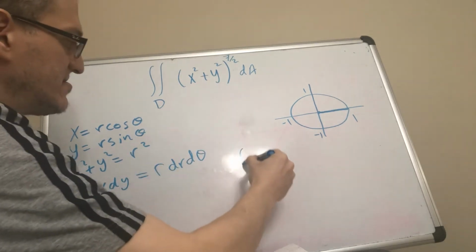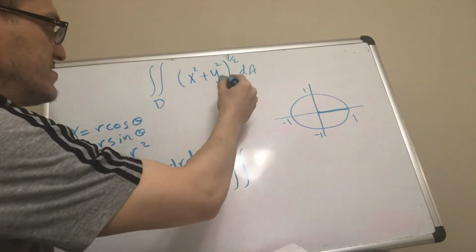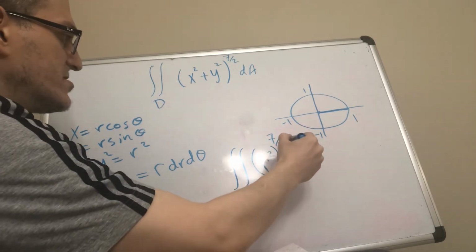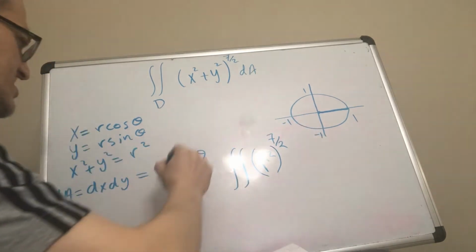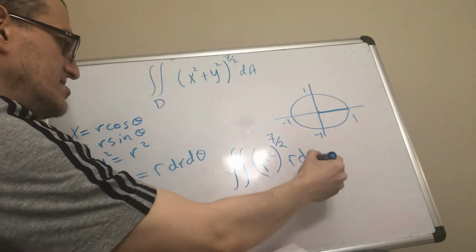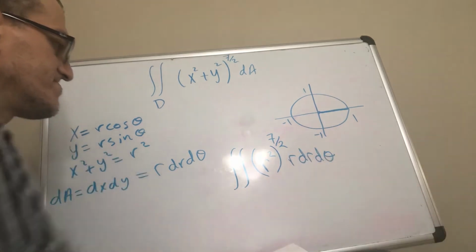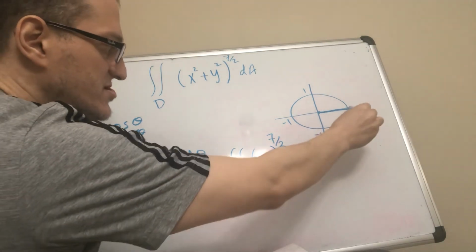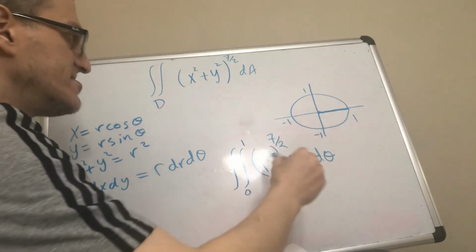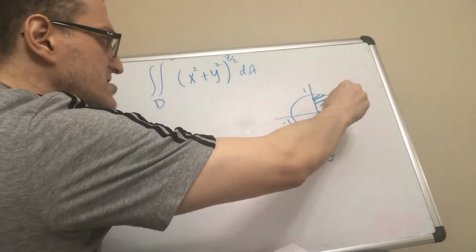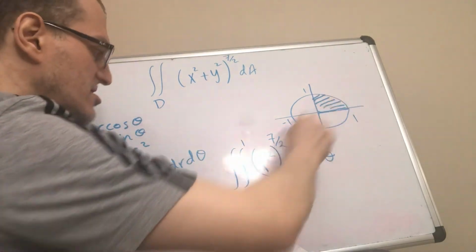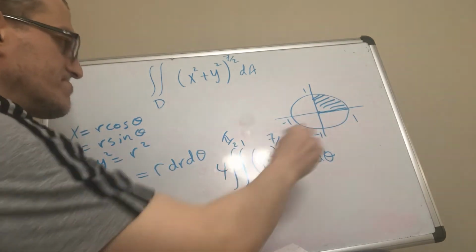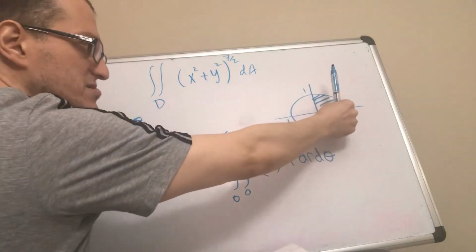So we're integrating r squared to the power 7 over 2, and dA is r dr d theta. We're doing the r first, and the radius is from 0 to 1. It's easier to do theta from 0 to pi over 2 times 4, because this would be a quarter of a circle, so just do this times 4.